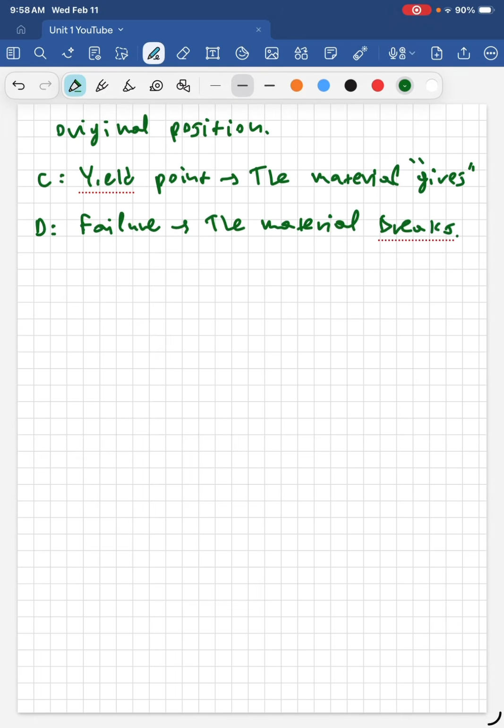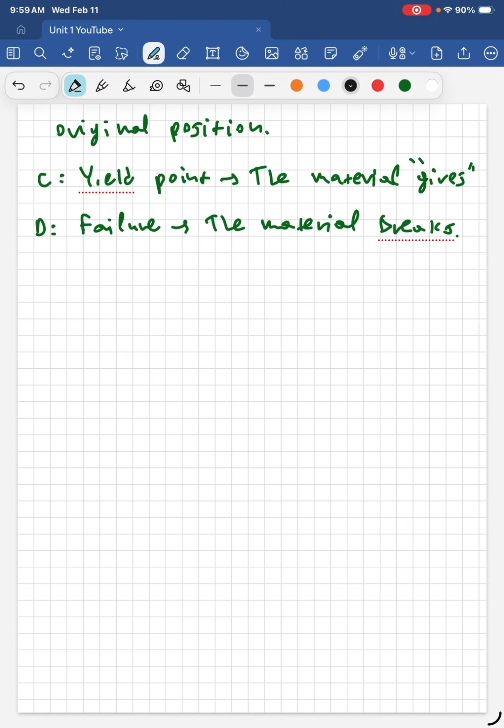For the yield point, you can also write the word necking, though that really applies to... okay, let's erase it actually. Necking means that the material becomes really thin at one point and it starts breaking. But anyway, the yield actually encapsulates what's happening, which is that the material starts breaking down pretty much.